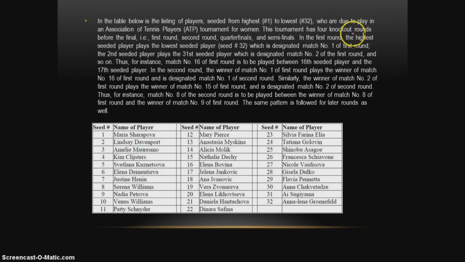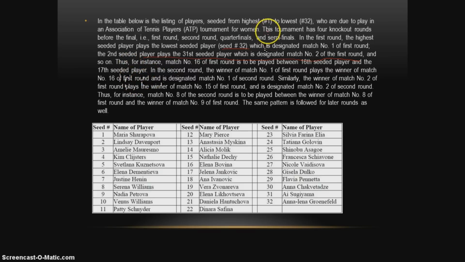This tournament has 4 knockout rounds before the final, that is first round, second round, quarterfinals and semi-final. In the first round, the highest seeded player plays the lowest seeded player, seed number 32, which is designated match number 1 of the first round. The second seeded player plays the 31st seeded player, which is designated match number 2 of the first round, and so on.